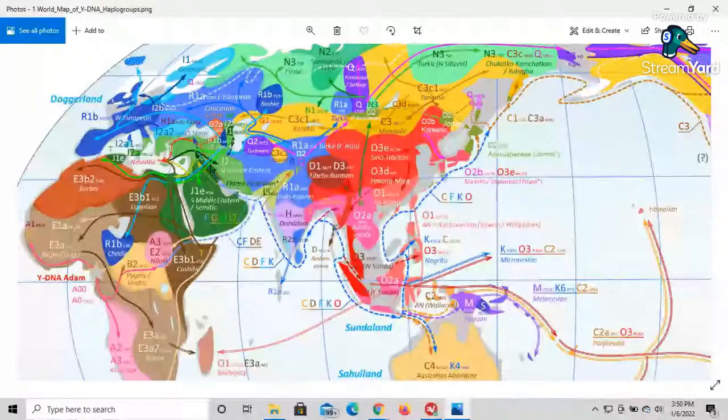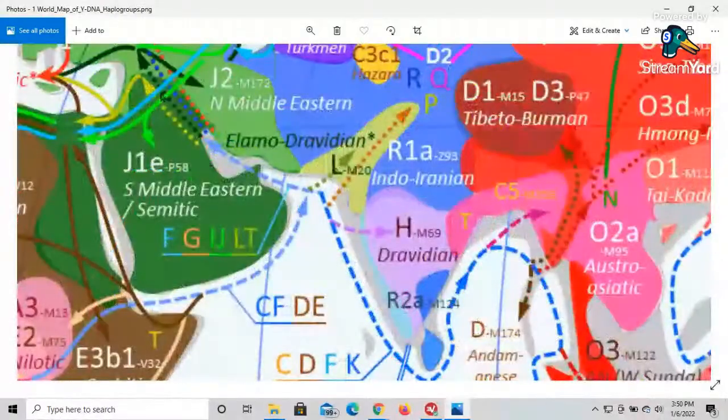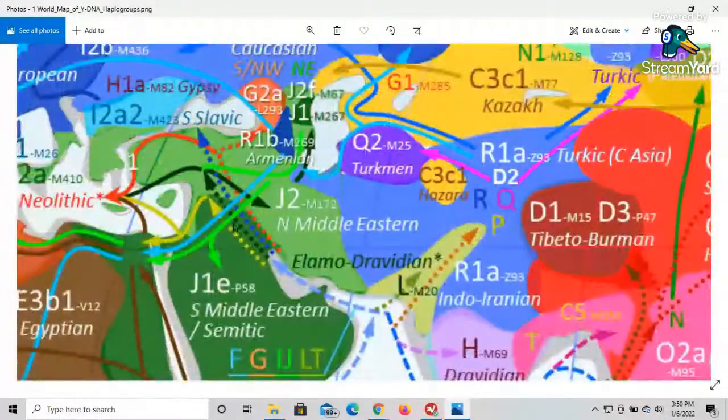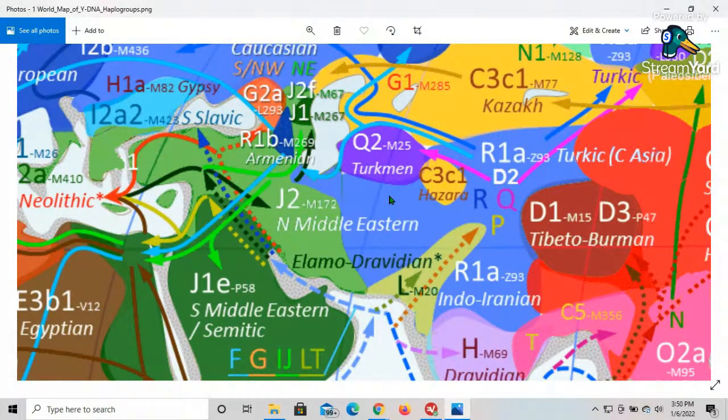So those are the Semitic tribes or ancient civilizations, the Semitic Y chromosomes. And I won't be able to show it too well on this map, but on some of the other maps I can show it. But I just want to get through this map first.